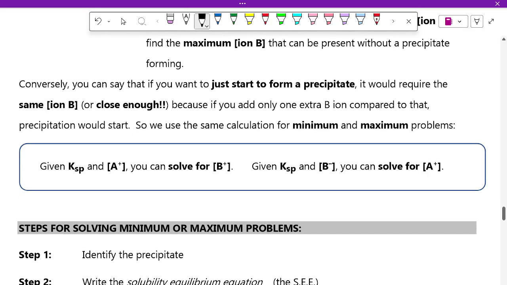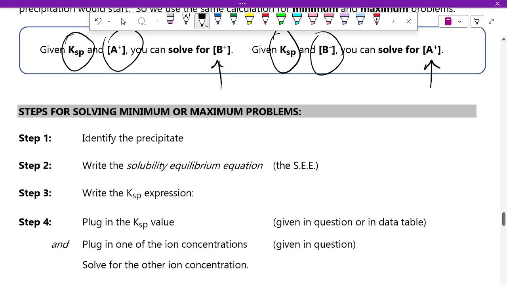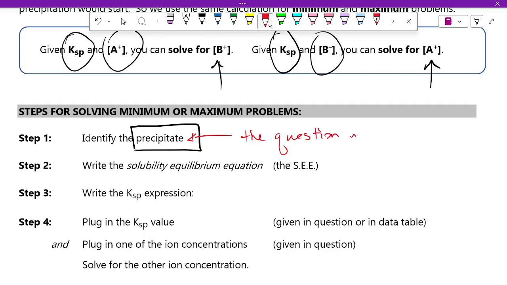So you will be given KSP and A, you solve for B, or given KSP and B, you solve for A. So you're always going to have to identify the precipitate. The question will say precipitate or precipitation.